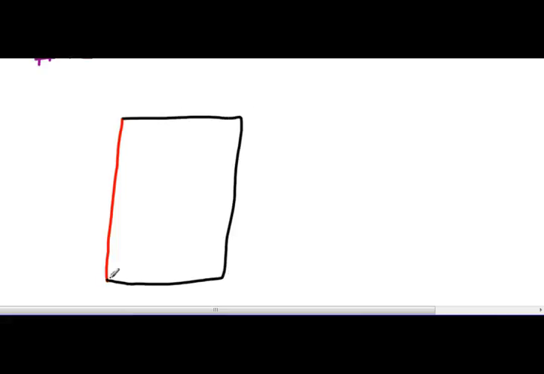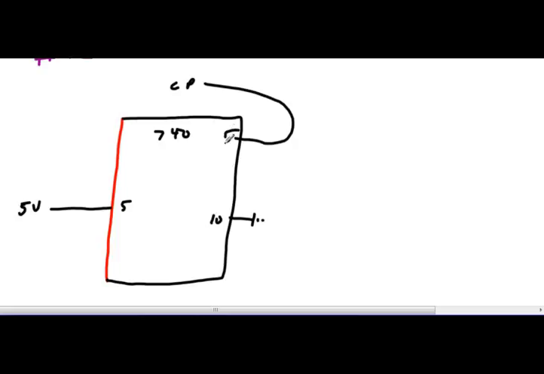All right. So here's the 7490, and clearly I'm going to ground pin 10. So I'm grounding pin 10, and pin 5, I'm hooking up to 5 volts. Okay, so I'm doing that. I'm bringing in a clock pulse, and I'm bringing it into pin 14. Okay, then I'm going to change colors.